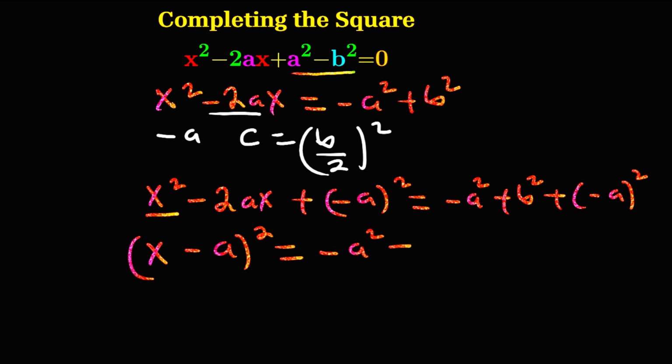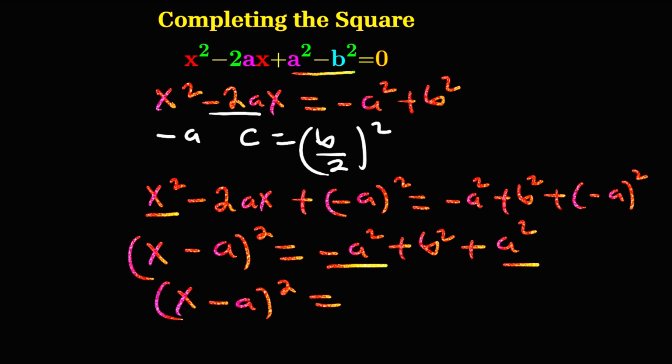That is minus a squared plus b squared plus a squared. So as you can see, in the right hand side, minus a squared plus a squared is 0. So our new equation will be x minus a, squared, equals b squared.